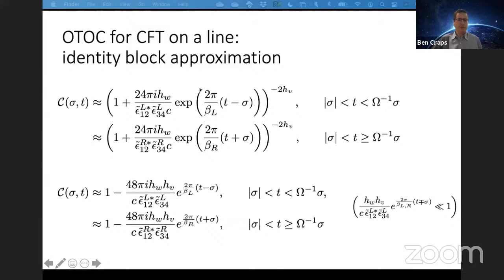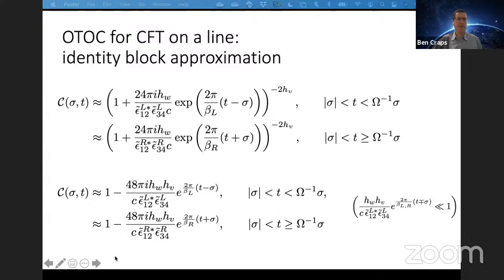So here is the result. In formulas, I'm restricting to the future light cone, so T will always be large compared to the absolute value of sigma. And then depending on whether T is smaller or larger than sigma divided by the angular potential, you get either the left moving or the right moving temperature appearing in the OTOC.